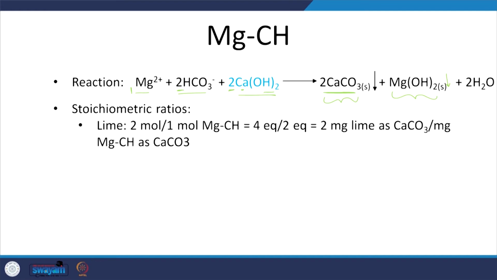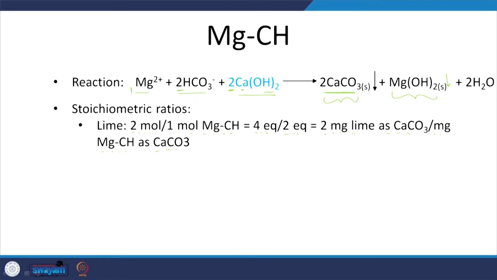So stoichiometric ratios, what we just mentioned, 2 moles of calcium hydroxide per 1 mole of magnesium associated with carbonate hardness. So that's why it's 4 equivalents per 2 equivalents, meaning 2 milligrams per liter of lime as CaCO3 per 1 milligram of magnesium associated with carbonates expressed as CaCO3, right? But again, why is this 2?